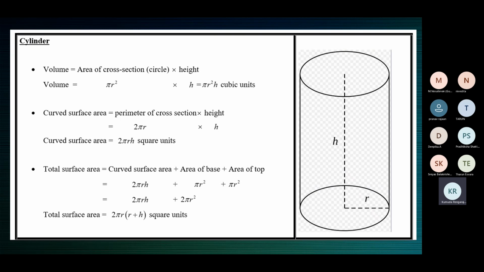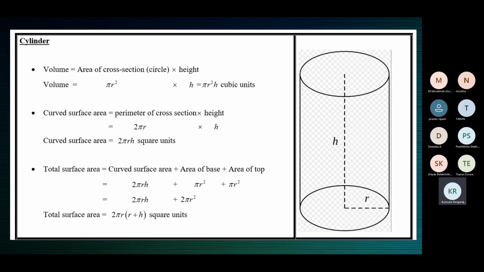A cylinder. Did we finish this in the last class? No, right? Have we completed, children, cylinder, or we still to do? Not sure.